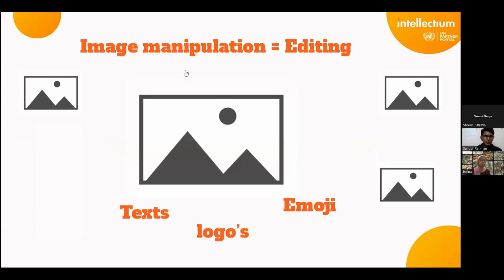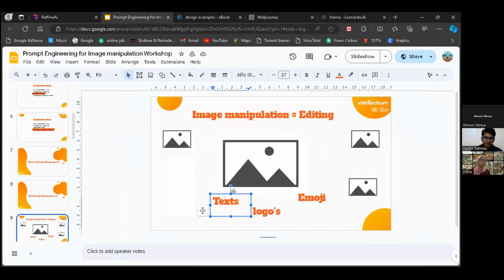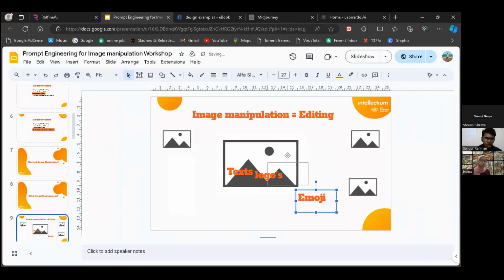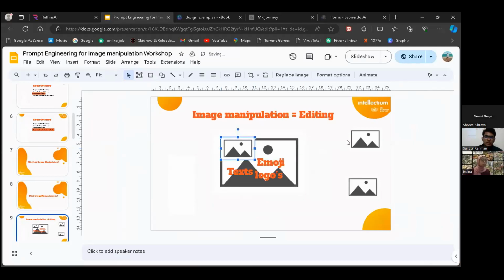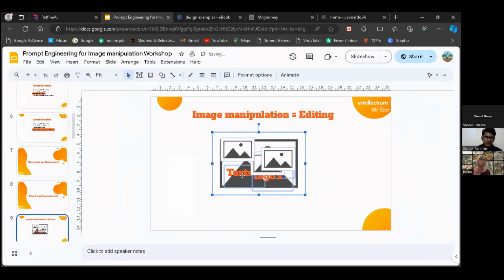When editing, you maybe add text to your image, or you add logos, emojis, or you adjust the size, like resize or crop it, or you add multiple pictures together and turn it into something new. That's what editing is, right? So you're basically manipulating different kinds of elements within an image. That's what image manipulation is.